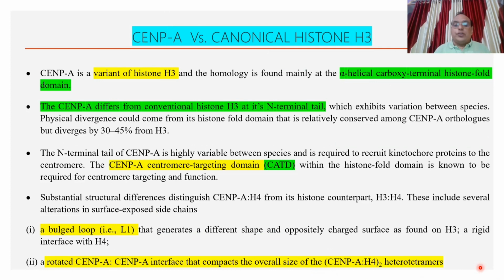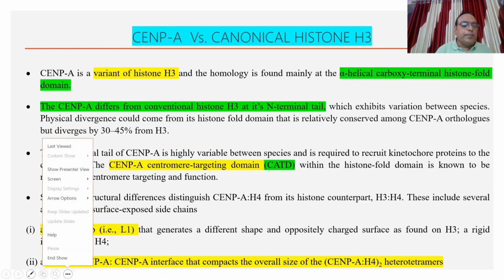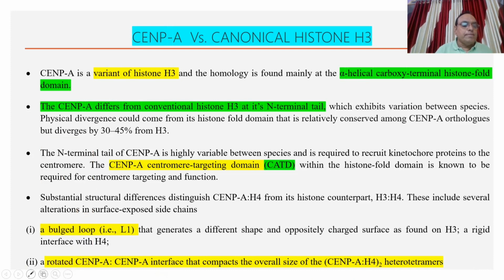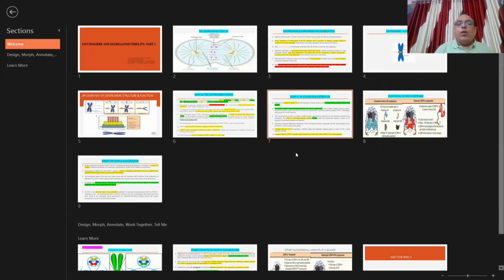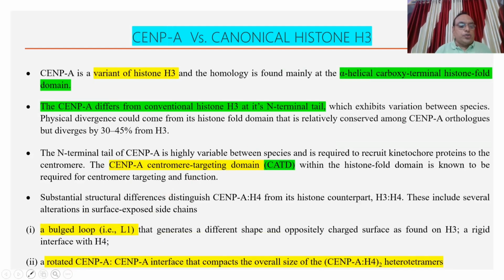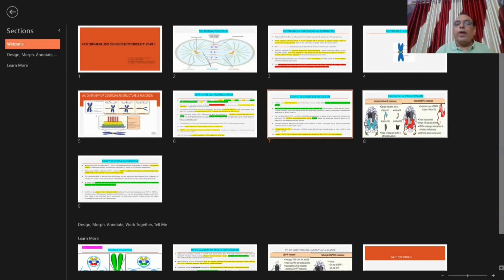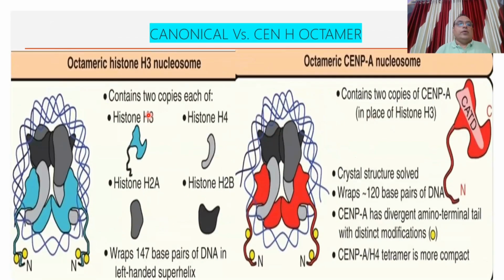Now, what is the difference between canonical histone and CENP-A histone? You see here the octameric histone H3 nucleosome.